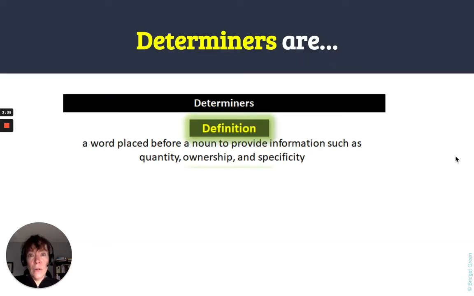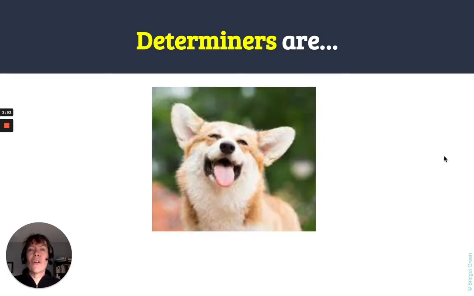Okay, so determiners are a word placed before a noun that provides more information, such as quantity, how many, how much, ownership, who does it belong to, and specificity, which one. Okay, so those are determiners. We're going to start by talking about these cute animals. We're going to start by talking about dogs.